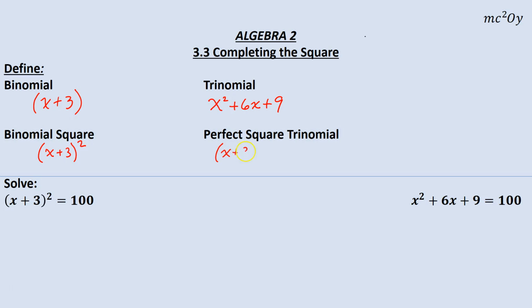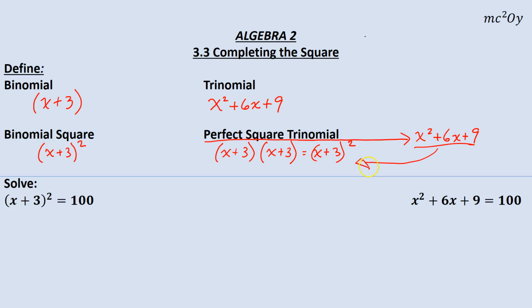So it would be x plus 3 times x plus 3, which is x plus 3 quantity squared. So this is a perfect square trinomial because it factors to be a binomial square.